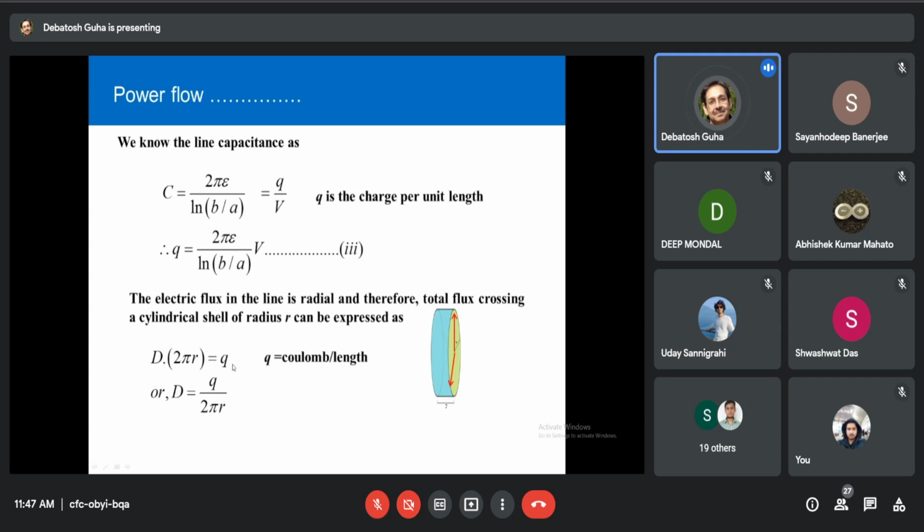So per unit area, per unit length, the relation is similar. So the displacement vector is a very, very simple relation. It is represented in this form. And from this displacement vector, we can write its electric field. Electric field is equal to Q by twice pi r epsilon. You know the relation of D and E. E is field and D is actually charge density.